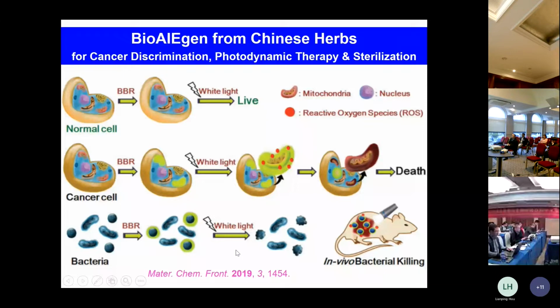So when we mix normal cells with bacteria, the AIEgen will enter the bacteria and eventually kill the bacteria. So this is a so-called theranostic system, because it can do the diagnosis to tell you whether your body has harmful pathogenic bacteria, and meanwhile it can kill the bacteria.